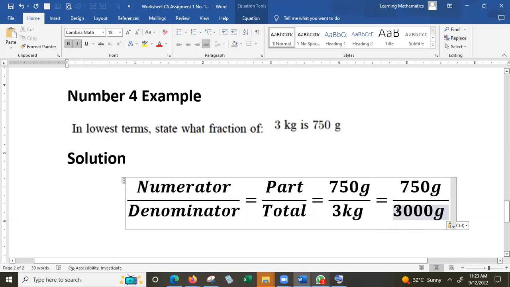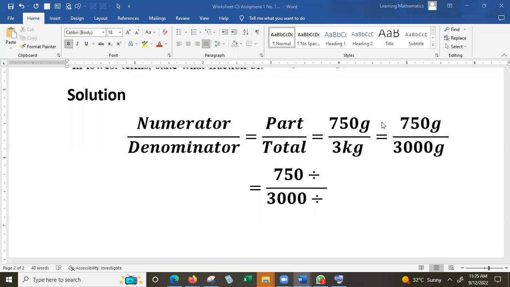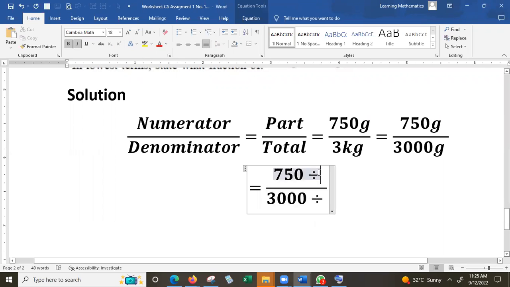We have to look for the highest common factor between 750 and 3,000. As you said, the highest common factor is a number that can go into 750 and 3,000 without a remainder, the highest one, which is 50.